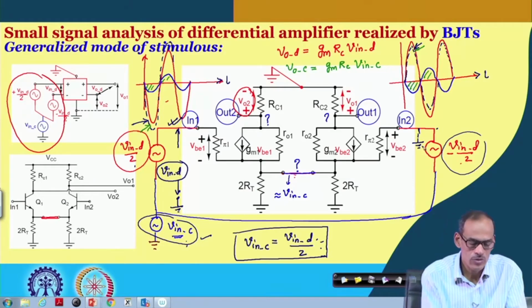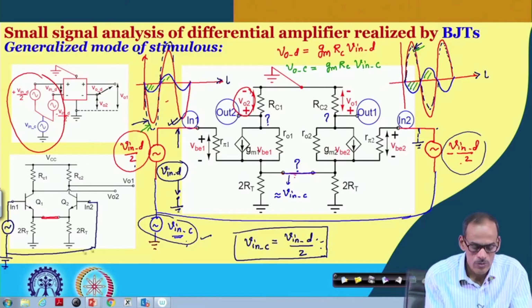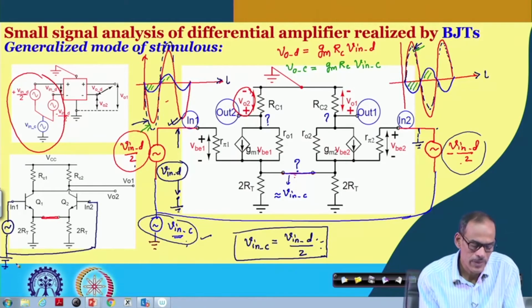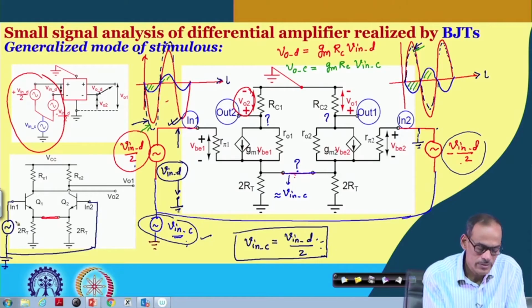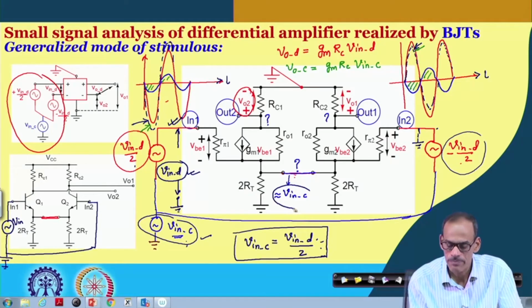Many a times, suppose you have an amplifier like this, we like to give signal only at one end, along with the DC, while at the other input we like to give only this DC. The complete signal, you may say, is V in, incidentally that is this V in D. For such a case, obviously you will be getting a signal here which is V in C, and if you see here, it is V in D by 2.